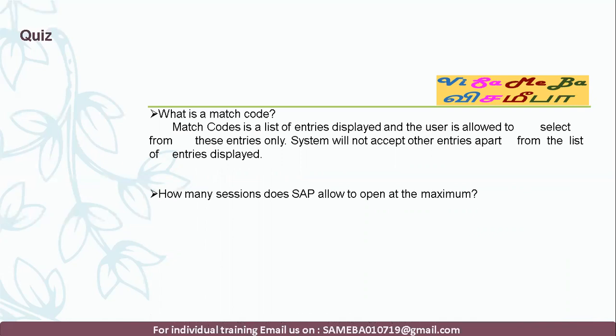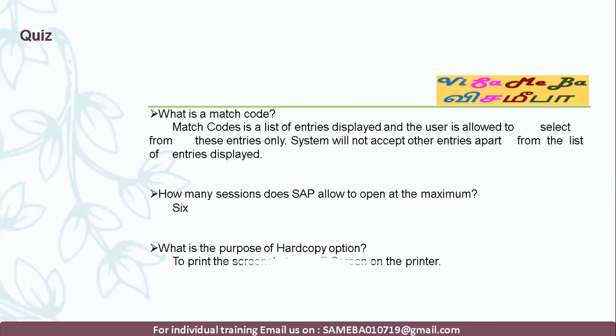How many sessions does SAP allow to be open at the maximum? We've seen this several times. Yes, 6 sessions. What is the purpose of hard copy option? To print the screenshot of the SAP screen on the printer.